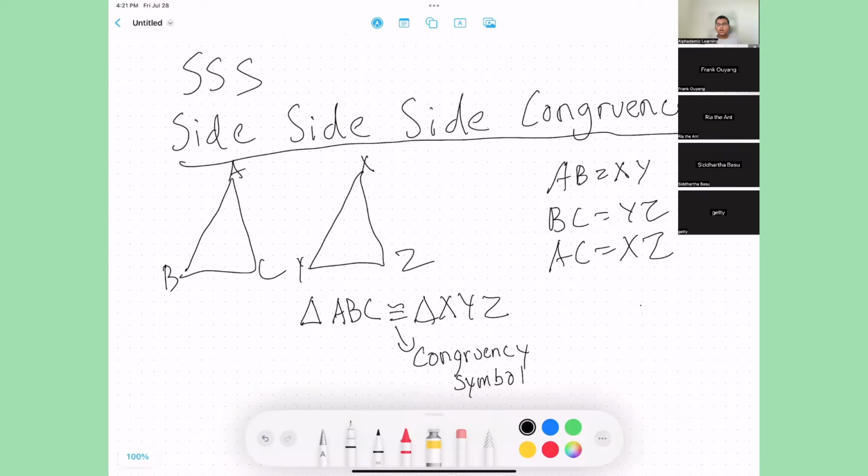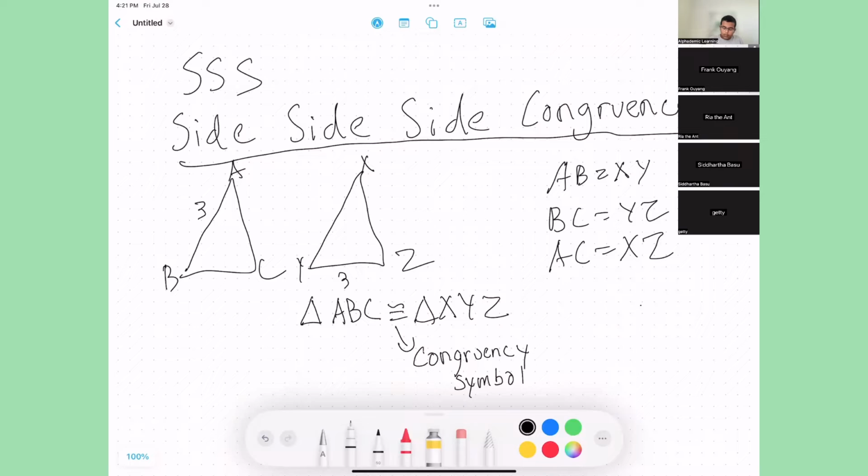The main trap is someone sees that AB equals 3 and so does YZ. This is a very common trap.